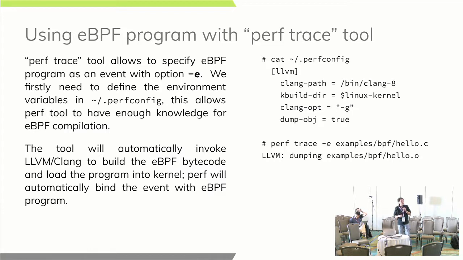On the right side, we can see that to use an eBPF program with the Perf tool, we need to do some configuration so that Perf knows the clang and the kernel build path. Using this information, the Perf tool can build the eBPF program.